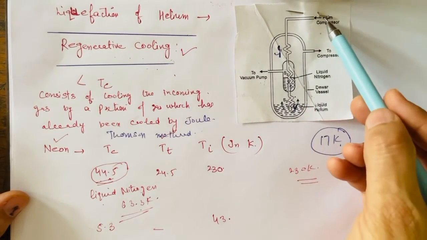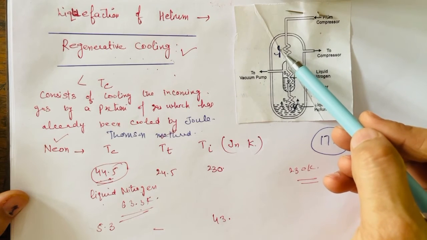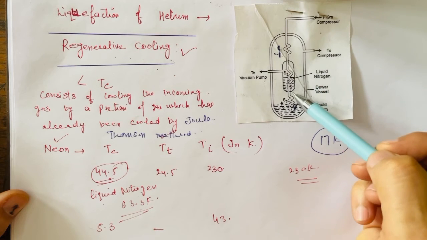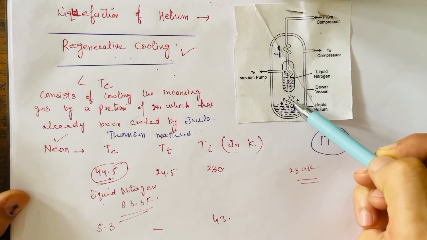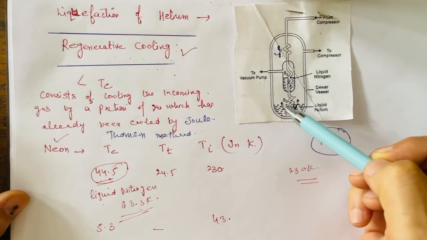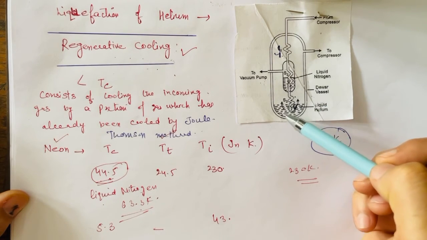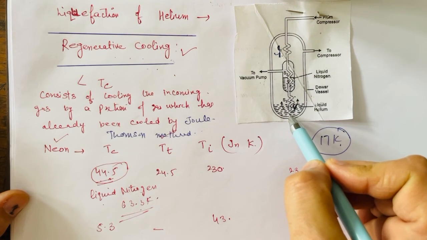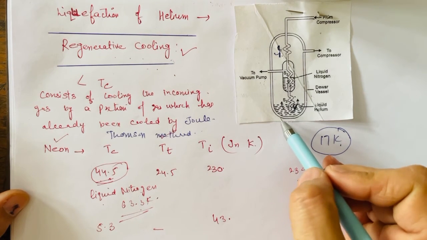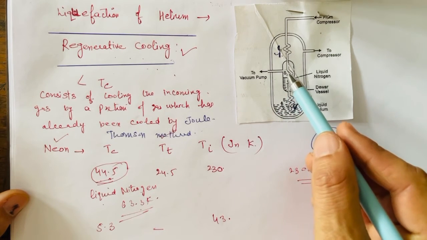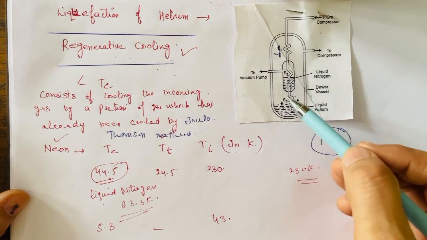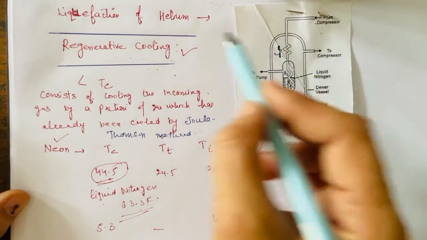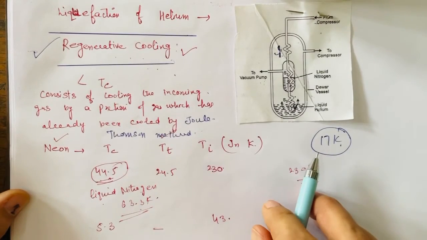I am repeating again. Gas comes and passes through S1, S2, S3. After passing through S3, the helium is reduced to less than 17 Kelvin. It suffers Joule-Thomson cooling due to expansion at the throttling valve V. This cooled helium then circulates around spirals S3 and S1 and cools down the incoming gas still further. This type of cooling is called regenerative cooling.